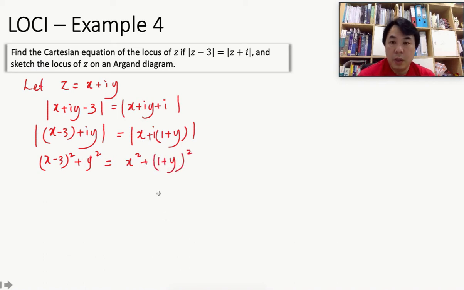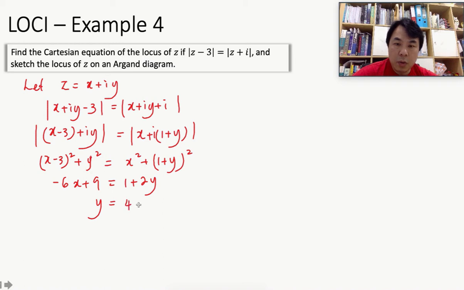Okay, and then after that we'll follow the same procedure of applying Pythagoras theorem here. So that's what we have at this point, and then we know that we can cancel all the x squared and y squared. So this one we will have a 9, and then that will be 1 plus 2y instead. And then after rearranging, we will have y equal to 4 minus 3x.